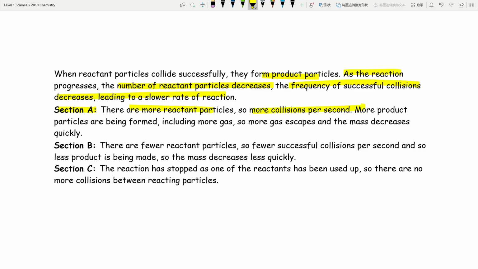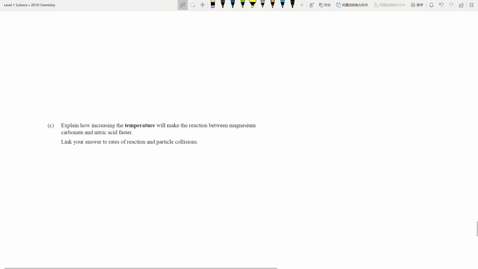That means you make more products, that means more gas, more CO2, so they escape, and that's why the mass decreases the most, because you're losing a lot of the products, because one of them is a gas. Now, because there are fewer reactant particles, there are fewer collisions per unit time. Look at the per second, that's really important. And then for part C, the reaction has stopped.